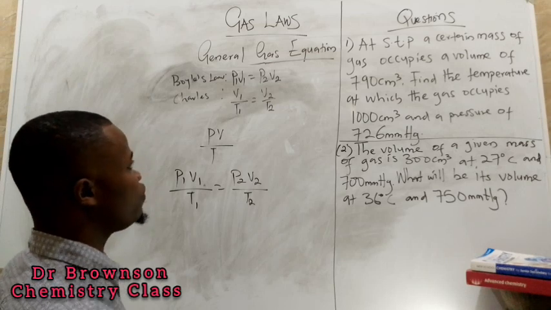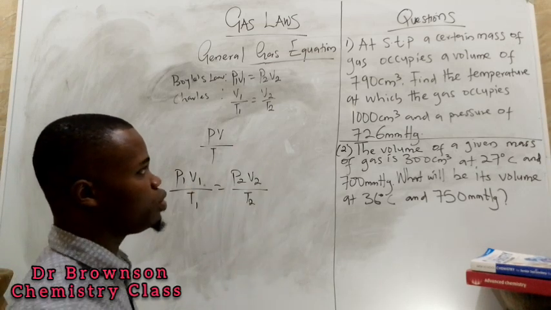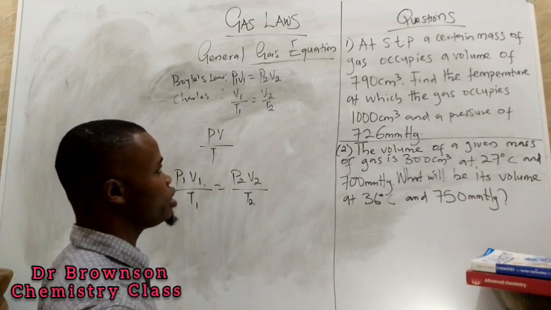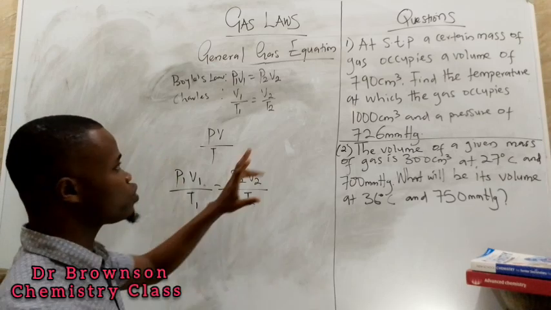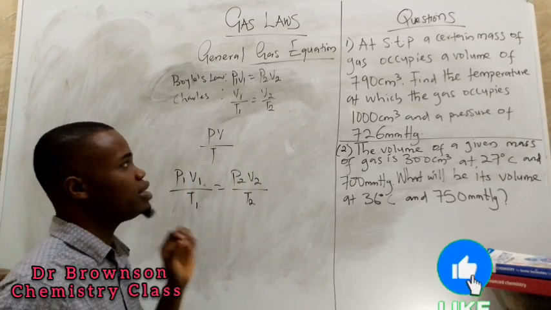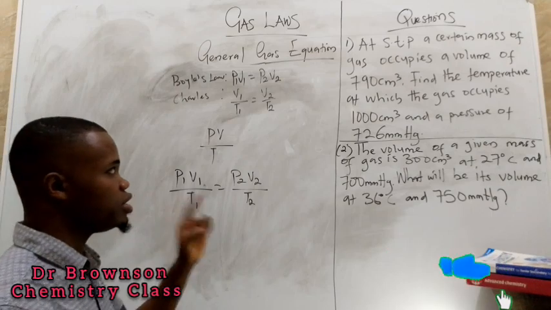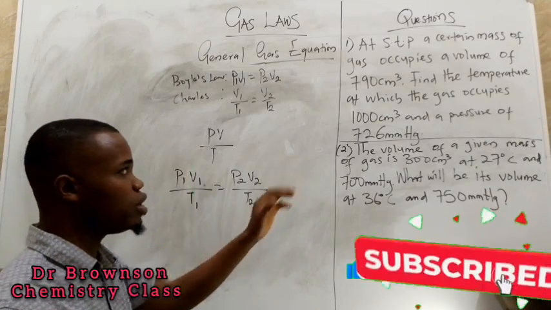Over here we have two solid questions which I would want us to solve in the next few minutes. The first question says, at STP. I told you what STP is, standard temperature and pressure.